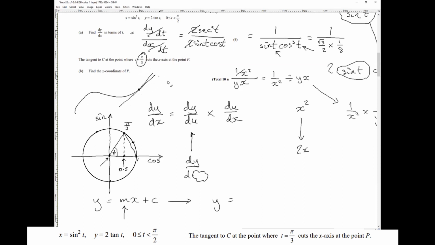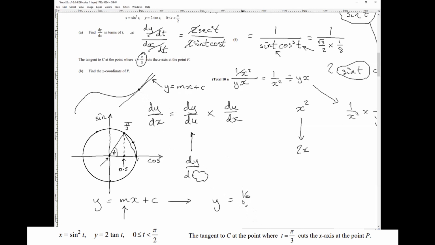Yeah, that is. Well, we're trying to find the equation of that straight line, and we know it's going to be in the form y equals mx plus c. So we know the m value, the gradient, is going to be 16 over root 3.